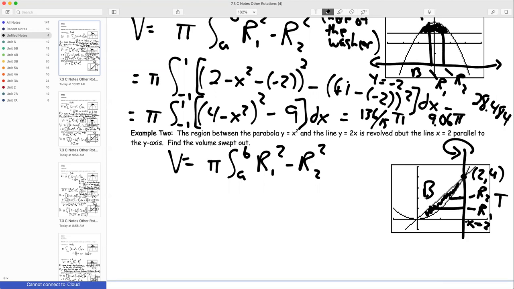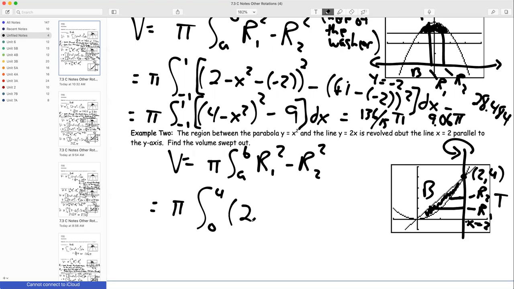So here we go. Volume equals pi integral. Careful, the bounds, it's with respect to y, so I need y bounds. So 0 to 4. R1. The top is on the right side. So it's the equation x is equal to 2.